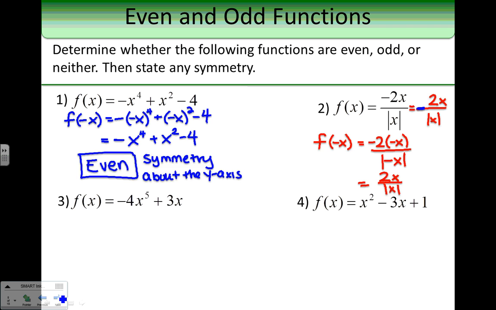When I plugged in negative x, I ended with a positive 2x over the absolute value of x, which makes this an odd function because they are opposite. Symmetry about the origin.